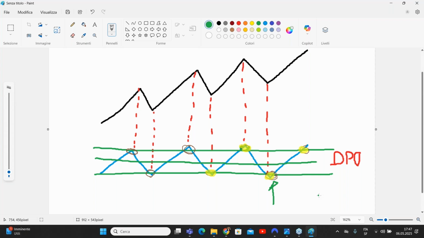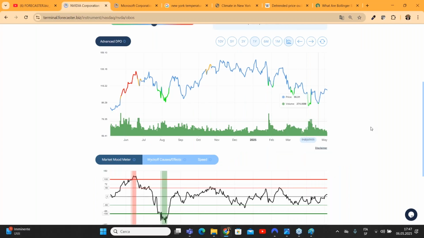Very, very simple. If we go here to the Forecaster Terminal, we called it advanced DPO just because we didn't plot the Bollinger Bands, but we just colored in green the phases where the prices hit the lowest part of the Bollinger Band, and the highest part of the Bollinger Band.